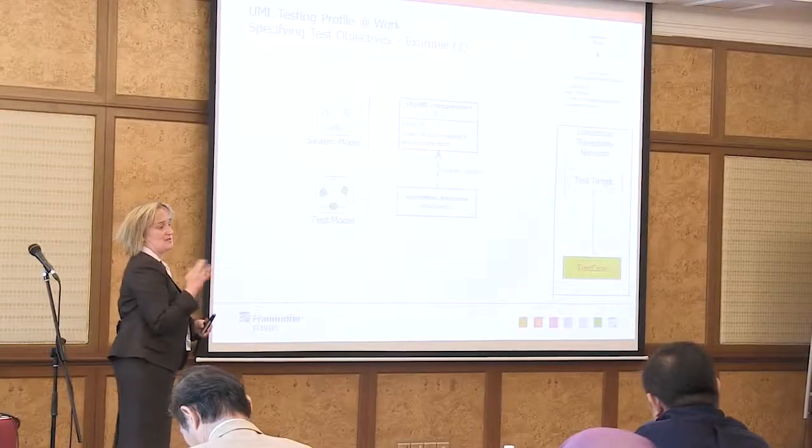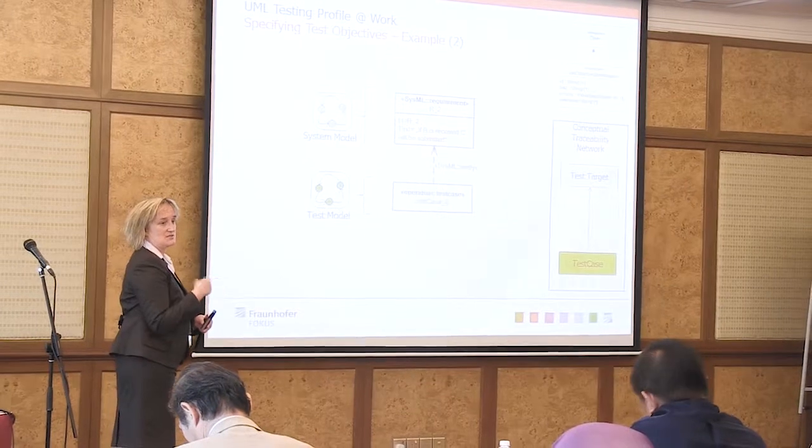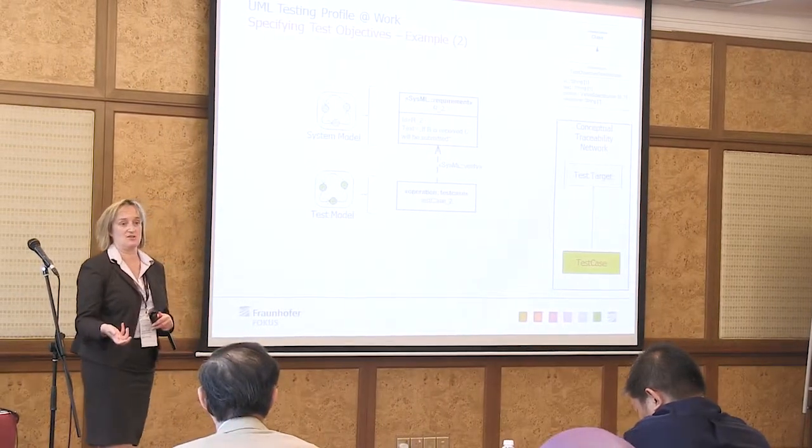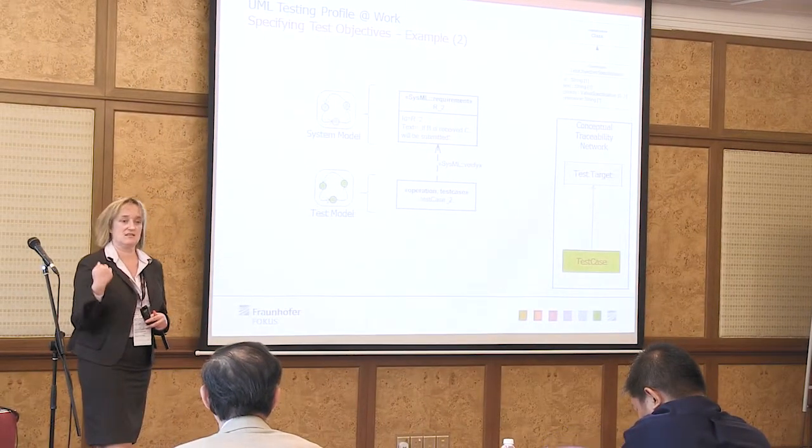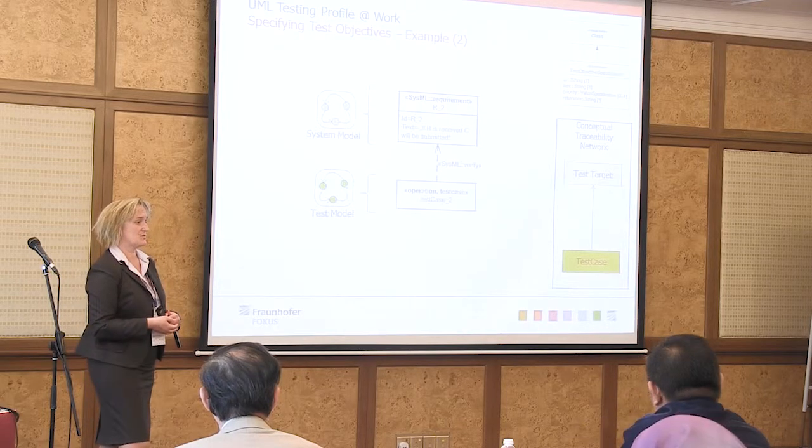So, example 2, the requirement 2 is to be tested by the test case 2. We do that in the system model, the test model. We just, without using a test objective, we just, out of another methodology, interrelate the testing case directly to the system requirement.